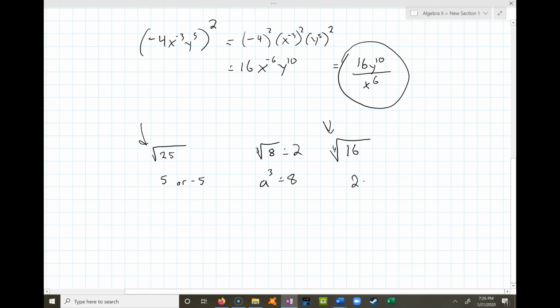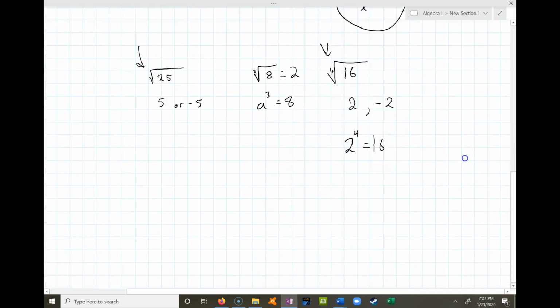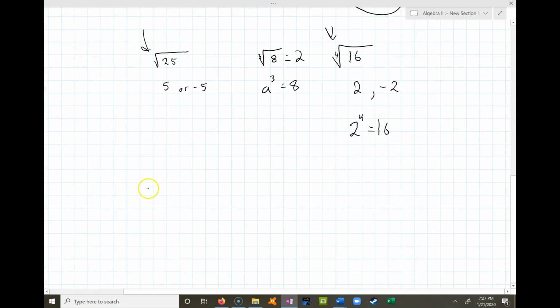So I can take the square root of 9, which of course would be 3 or negative 3. And then I can take the square root of x to the 4th. So I'm asking myself, what times itself equals x to the 4th? Well, that would be x squared. So I can put an x squared there and also an x squared there.